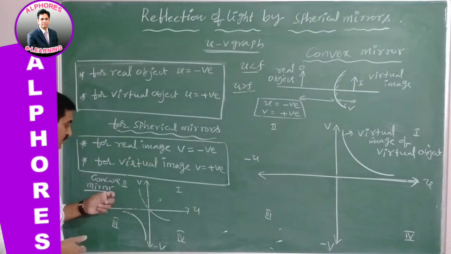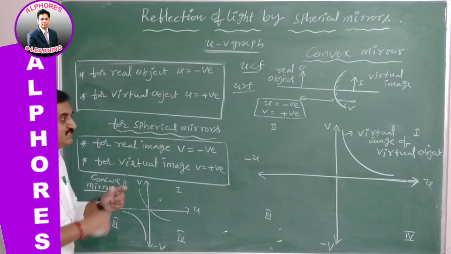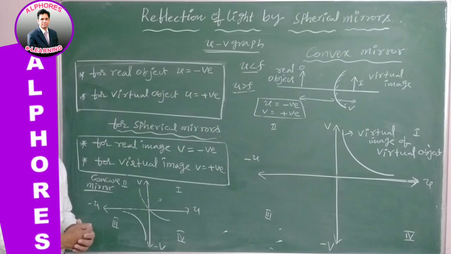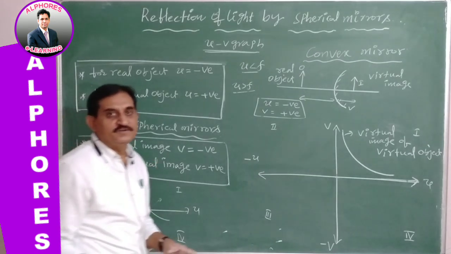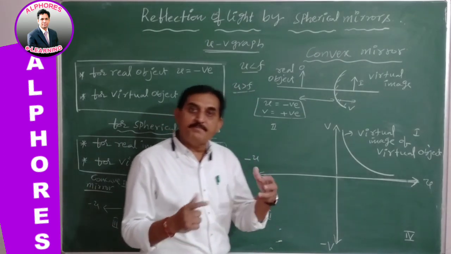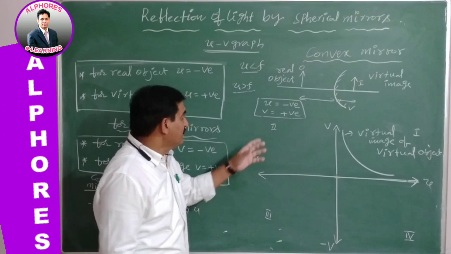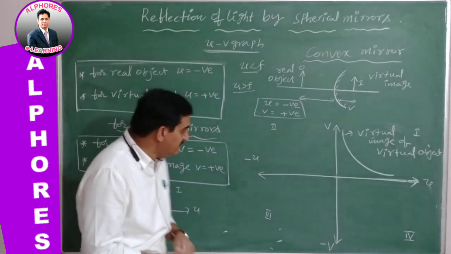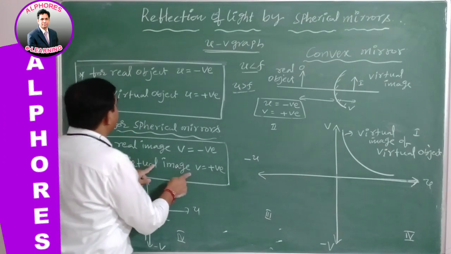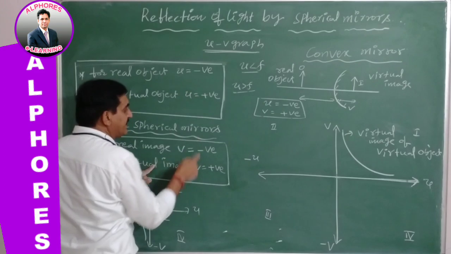First, keep this graph in your mind, and based on this fundamental, you can easily modify it to get the UV graph for the convex mirror. I am giving the logic and the proper approach for why it extends in the first quadrant, because this is one of the cases we discussed earlier. Based on that, virtual image and virtual object give positive signs.